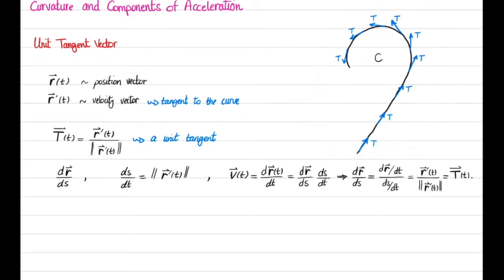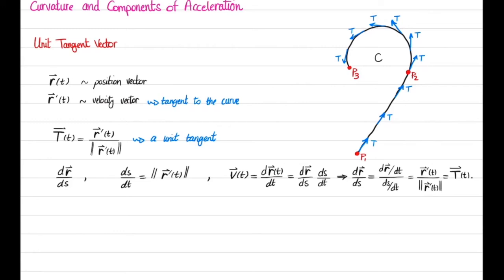So now from point P1 to point P2, the direction of vector T changes a little bit, but from point 2 to point 3, where C obviously bends more sharply, the change in the direction of the tangent T is more pronounced. So we can use the rate at which the unit vector T changes direction with respect to arc length as an indicator of the curvature of a smooth curve.